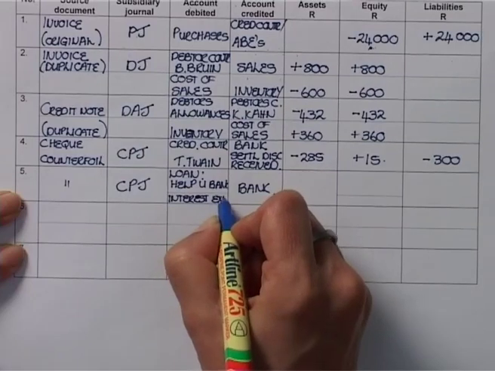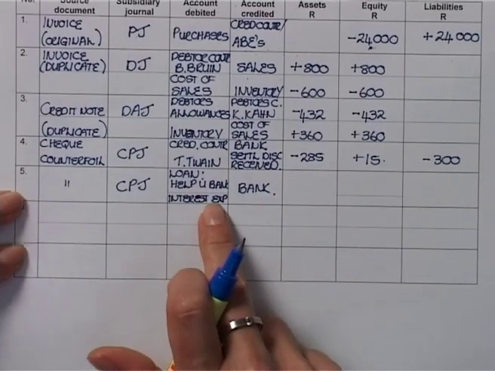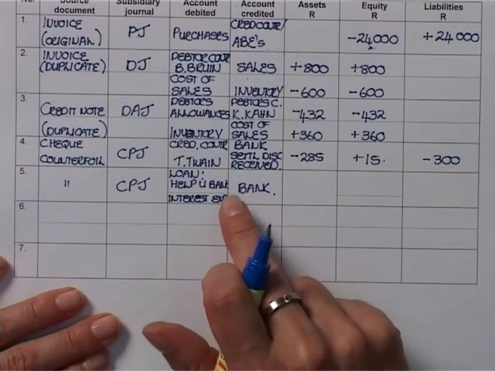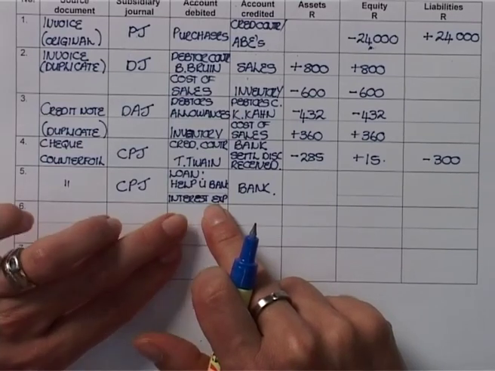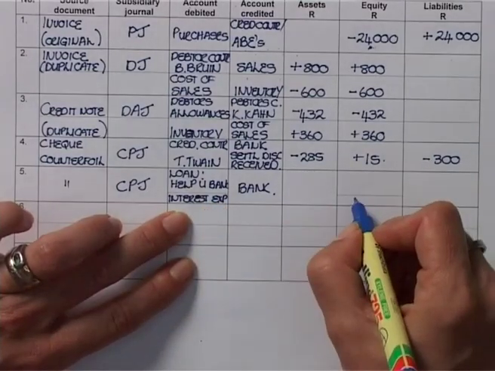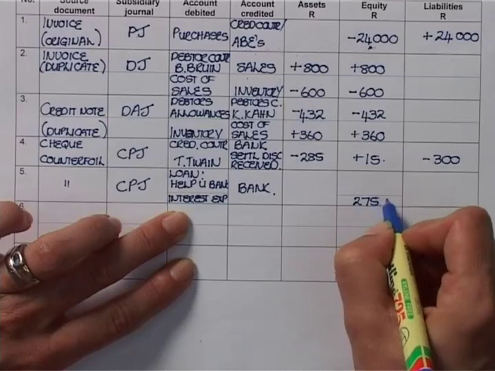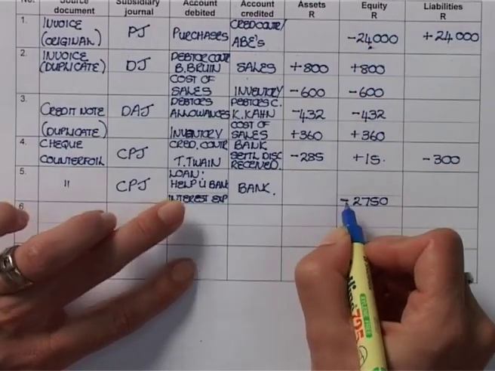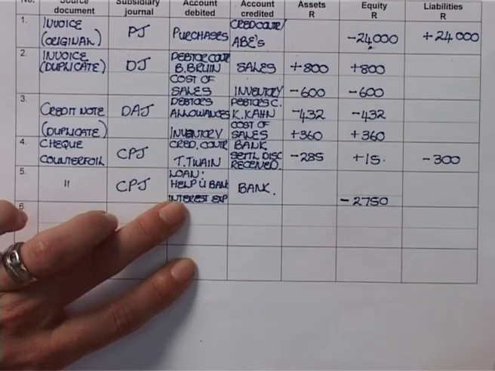And this is interest expense. Remember to specify, because you can have interest income as well. The interest that we calculated as 2,750 will be entered under equity, and because it's a debit entry, will decrease my profits with 2,750.